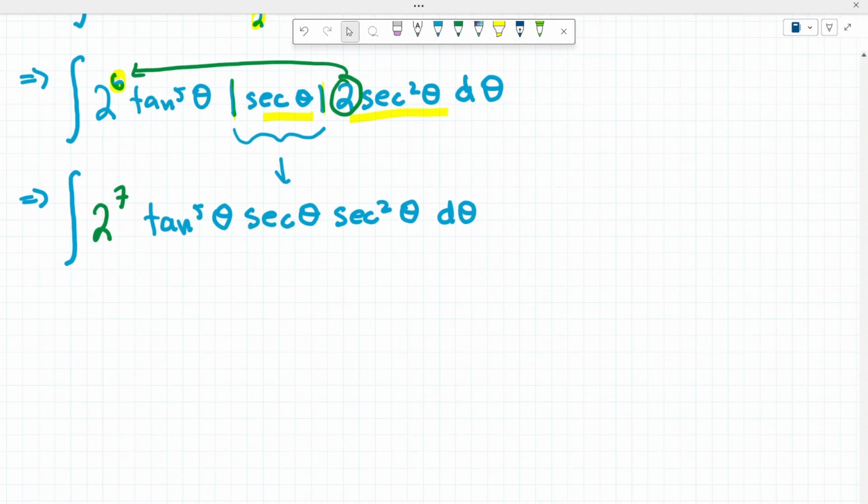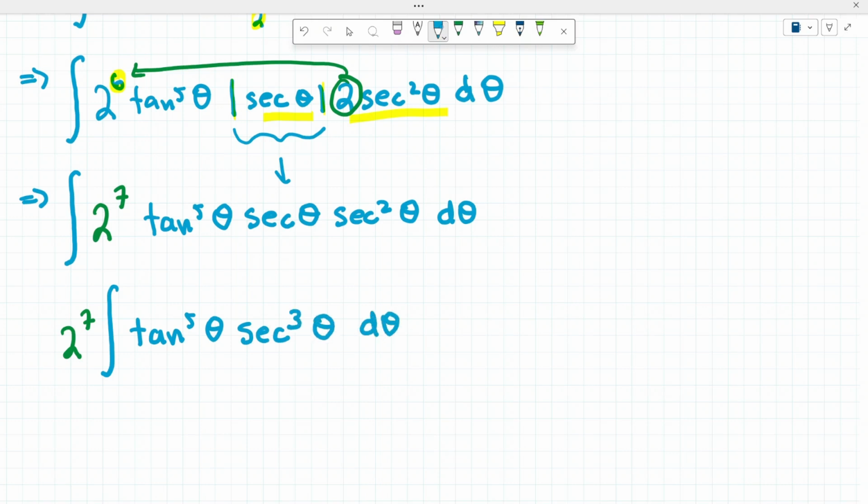And since it's constant, that means that we can actually remove it from our integral and put it onto the outside. So that means we have our 2 to the 7 on the outside there, and then multiplied by the integral of 10 to the power of 5. And then since these two secants are the same base, and they're multiplied to each other, that means we can add their exponent. So as a result, we have secant cubed theta d theta.